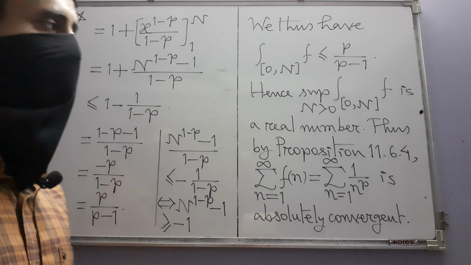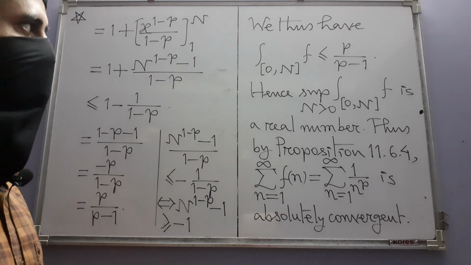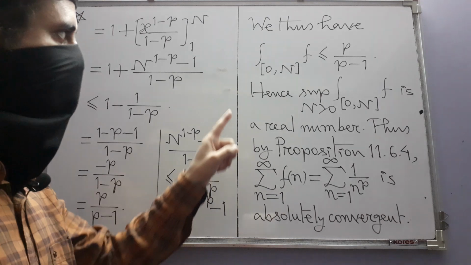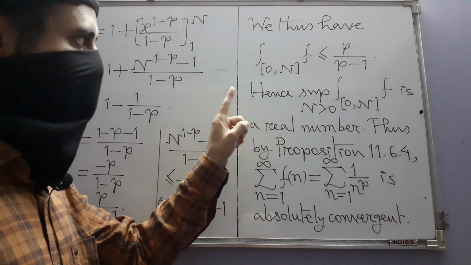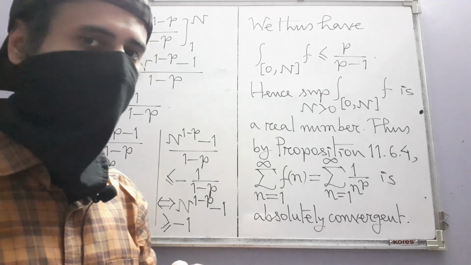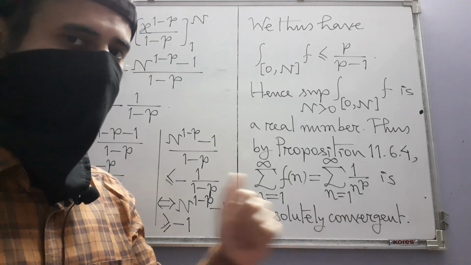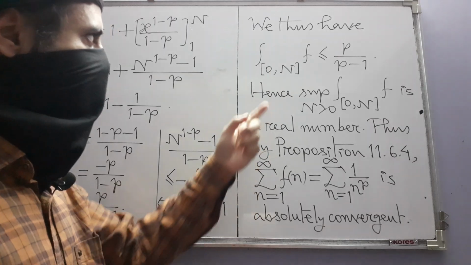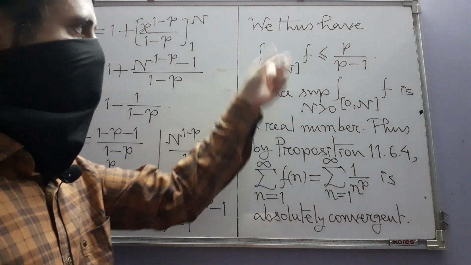Well, actually, that's not a mistake. That's because if your n is less than 1, then the integral of f over that interval, whose right endpoint is n, will be only a part of one of these integrals.